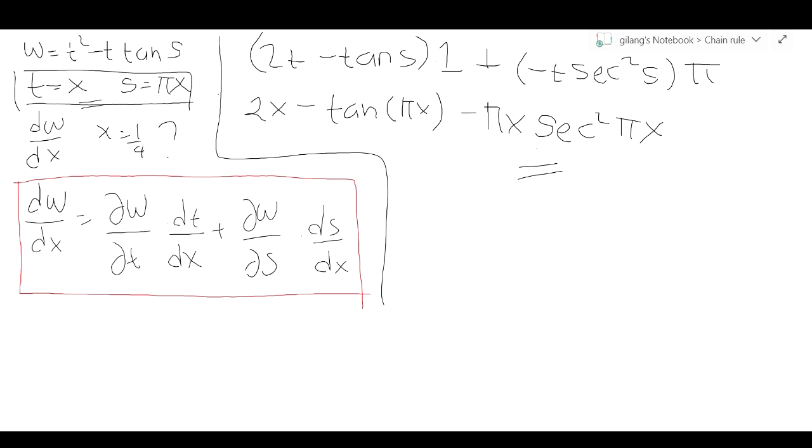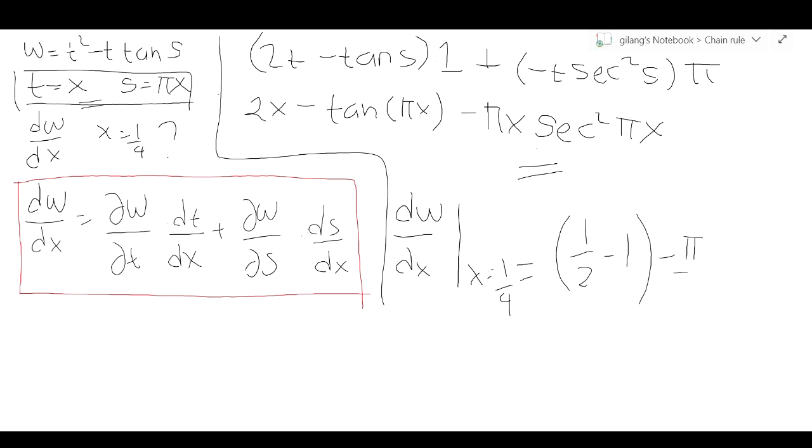So we get dw over dx when x equals 1 over 4: half minus 1 minus π over 4 times 2. So we have minus half minus half π. This is the final answer for the question.